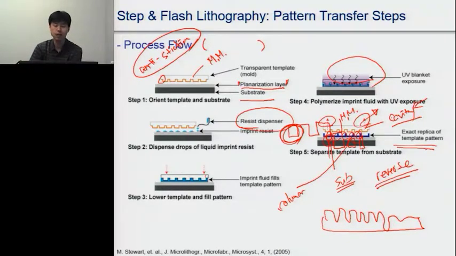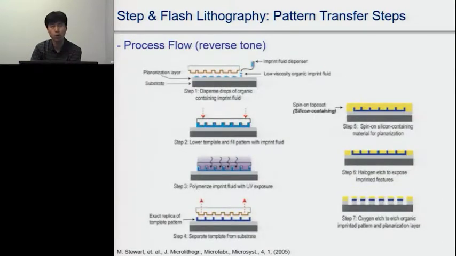This specific step and flash lithography can make reverse patterns simply by adding one more layer. So that's pretty interesting. Using the same master mold, we can achieve this kind of nano cavity as well.